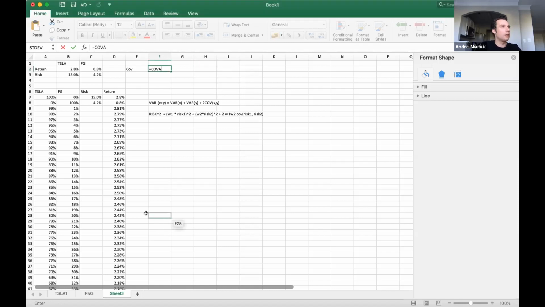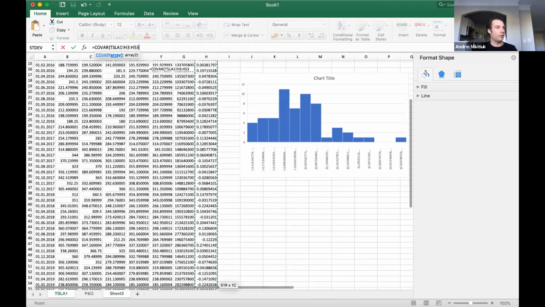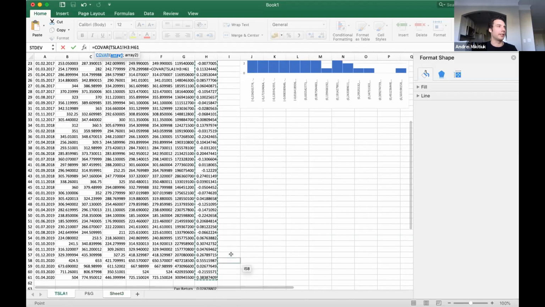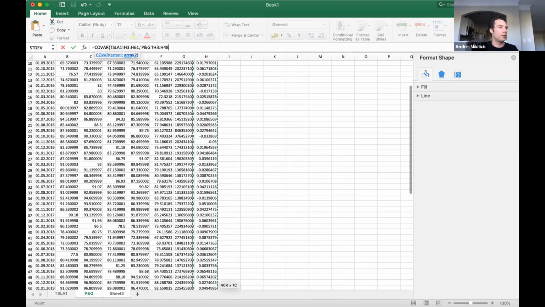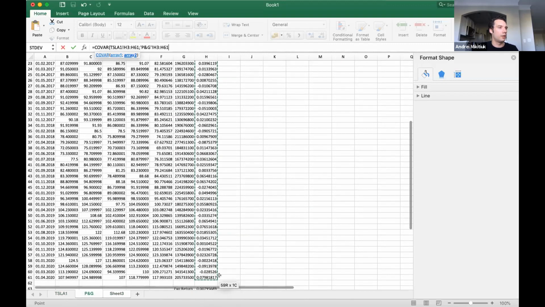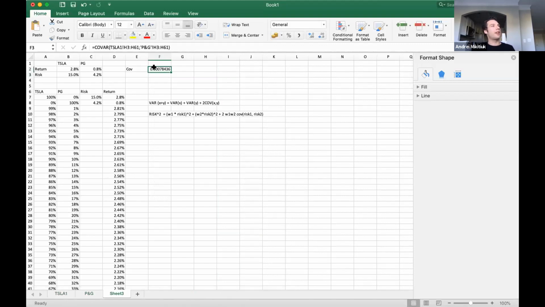Okay, it's COVAR. I will give it all the returns of the first stock, order doesn't matter, and all the returns of the second stock. And you see the covariance.